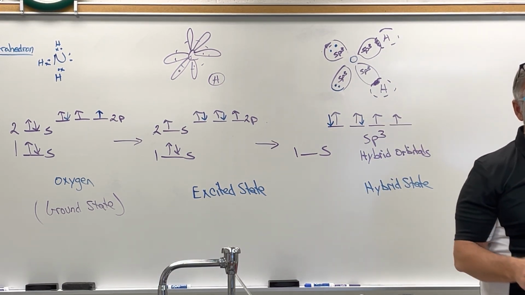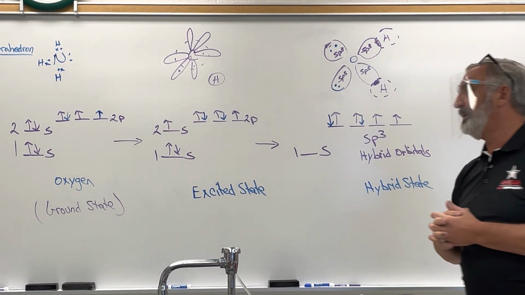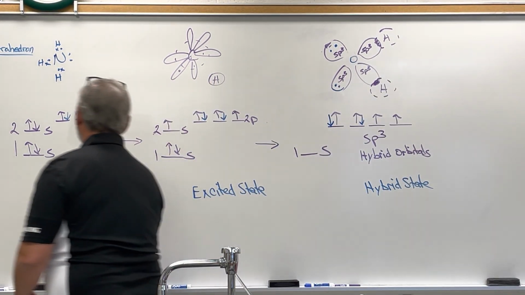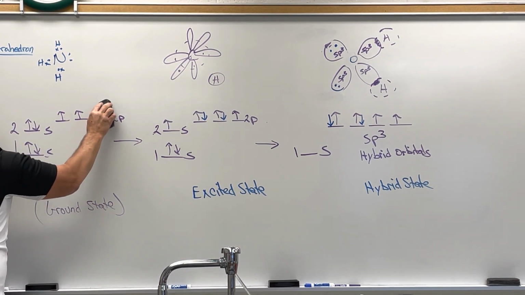All right, just ponder that thought right there. This is how atoms rearrange. This is how they're going to bond. This is going to determine their shape, and their shape is going to determine all their properties. So let's come back to carbon now.